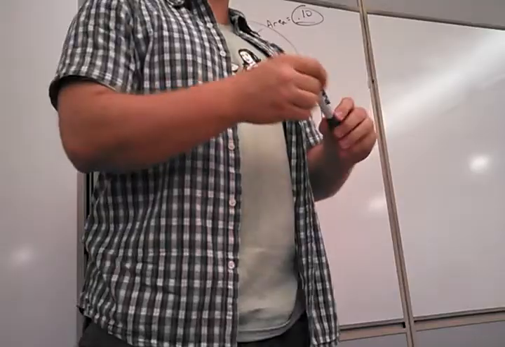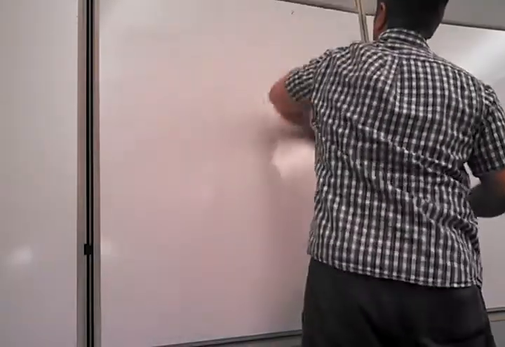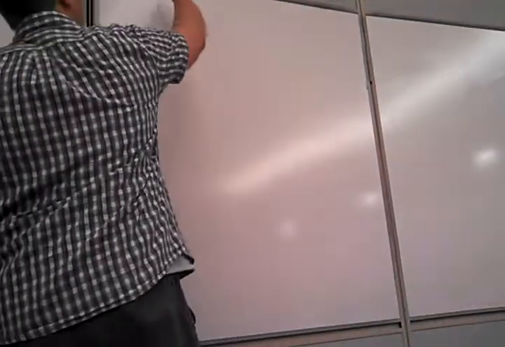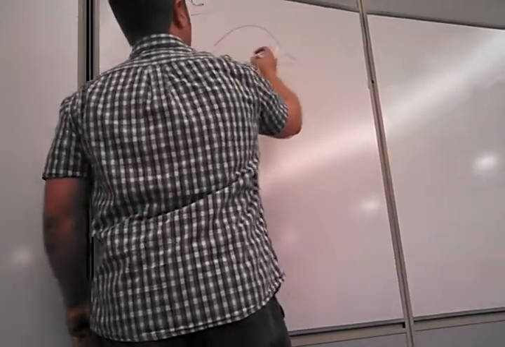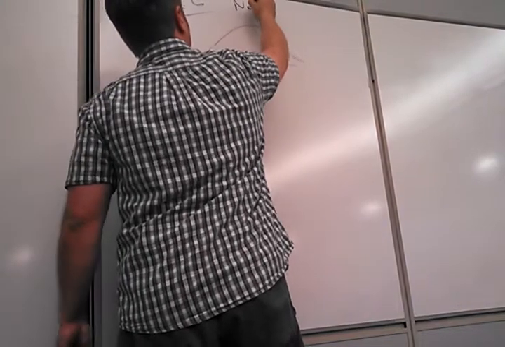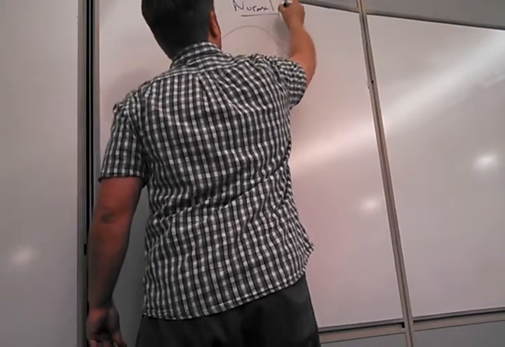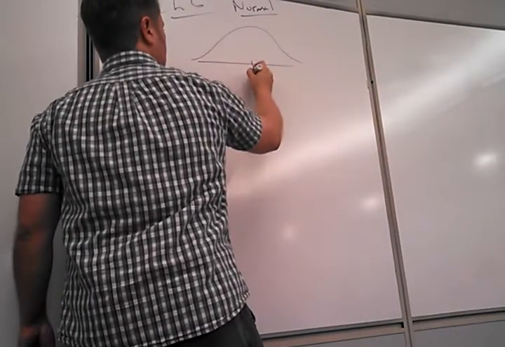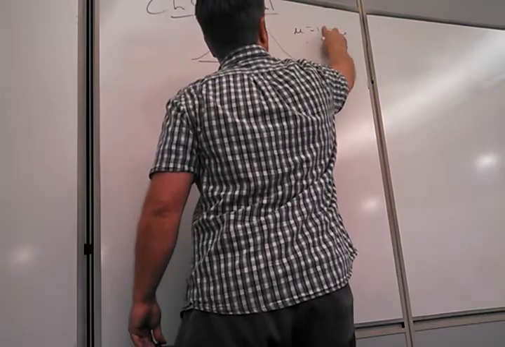So let's do a quick review question. This is chapter 6. Say I have a normal distribution, and the mean is 110, and the standard deviation is, let's say, 27.